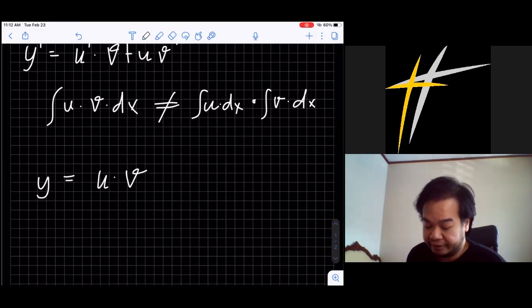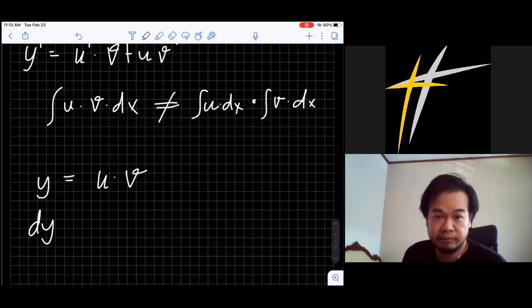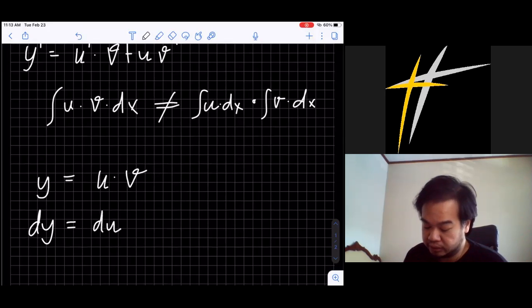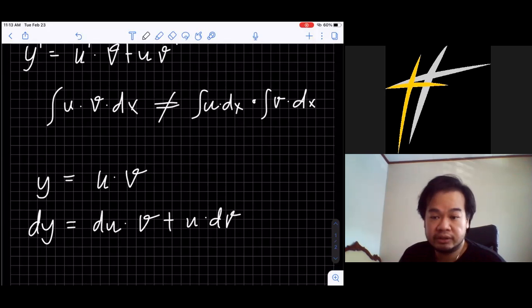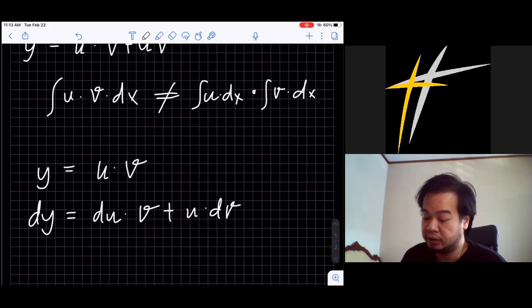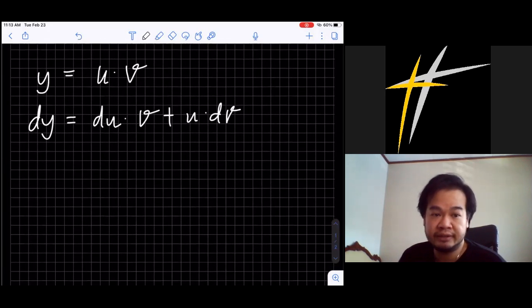So if I want to differentiate this, then I will write dy. dy will be equal to, well, it's usually u prime v plus u v prime, right? Because we want to use dy, instead of u prime, let's say it's du times v plus u times dv. So it's still the same as the derivative of a product of functions.